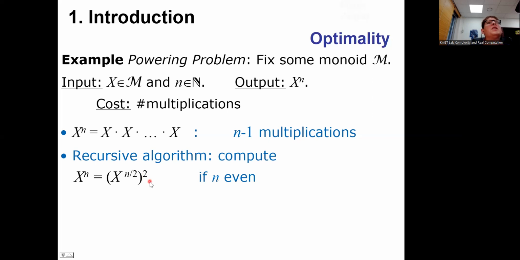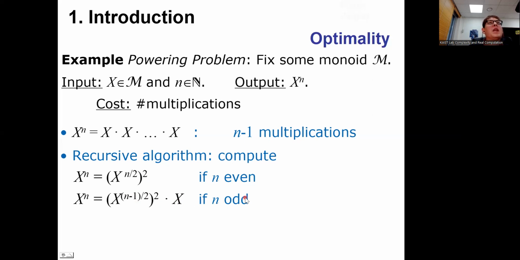So squared here means multiply to itself. Whereas in case n is odd, then n minus 1 is even, and we can divide it by 2. And again we square, but now we need to perform an additional multiplication by x to correct for the fact that we have rounded down to the next smaller even integer.